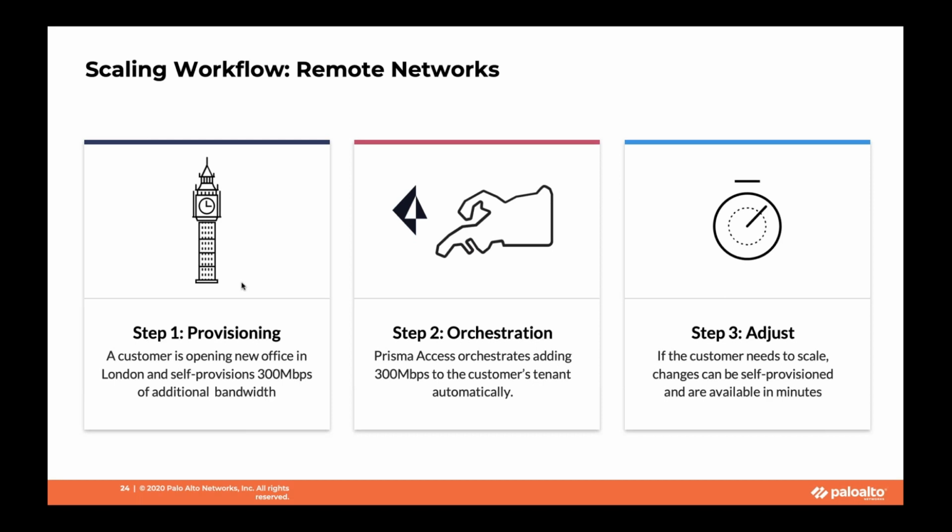So you buy a pool of bandwidth and you can divide that pool of bandwidth among your different locations. And suppose that another location all of a sudden needs more bandwidth, you can just reconfigure Prisma Access and it's done for you immediately, in minutes.